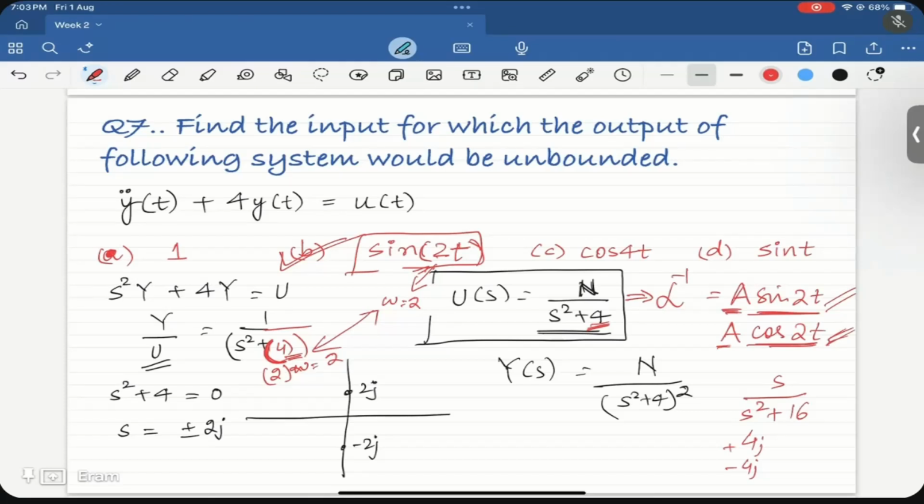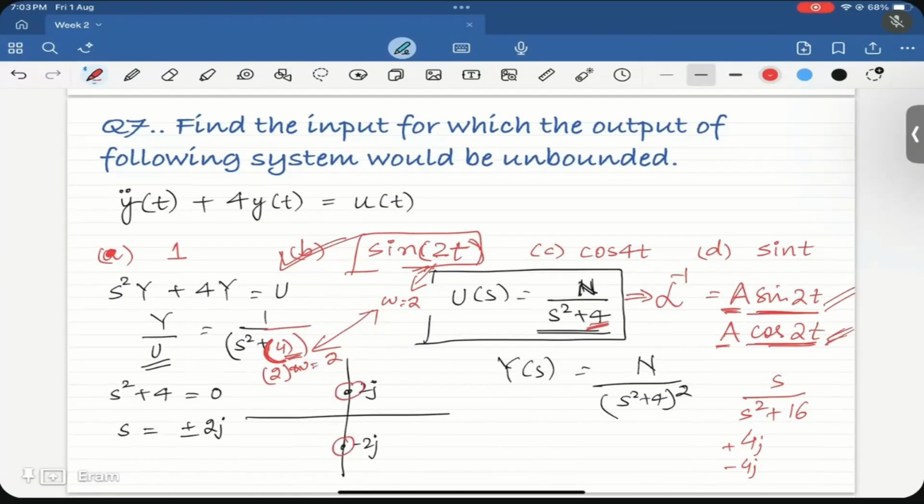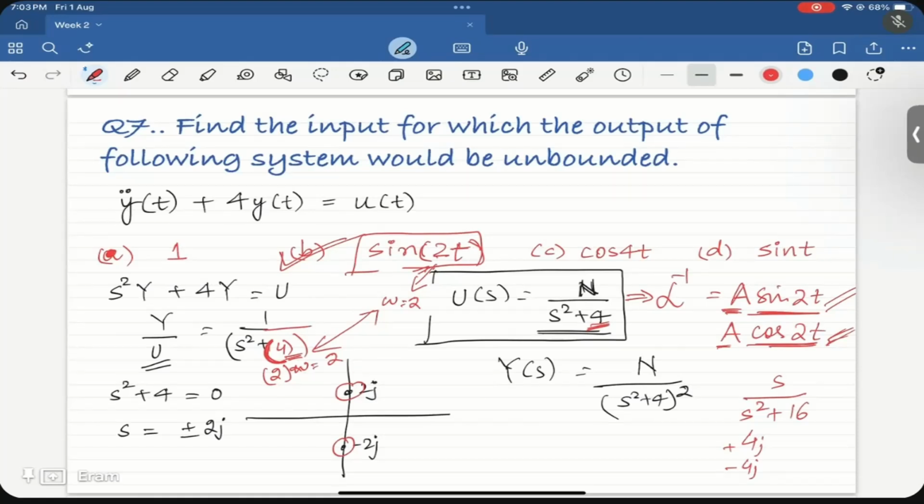We know that complex poles always occur in pairs, one at plus j and minus j. So we have plus 2j and minus 2j. Now to make it repeated, we have to find the input which can make it unbounded, right? So we know that if we are able to repeat the pole at this particular location, then the response will be unbounded.